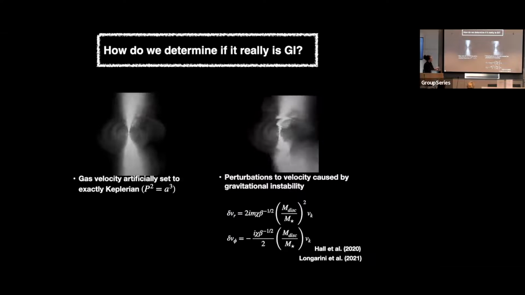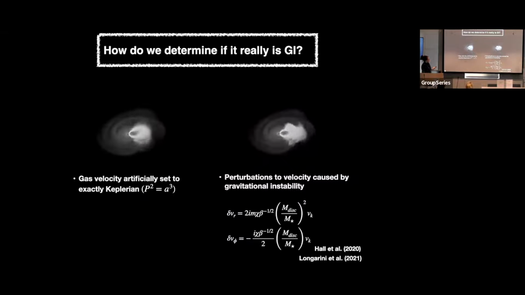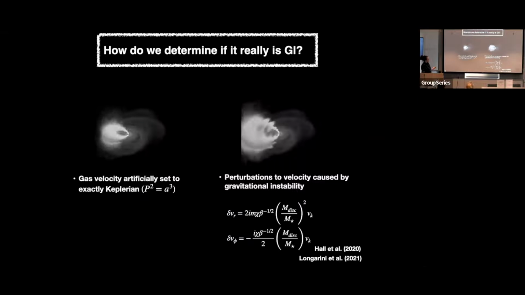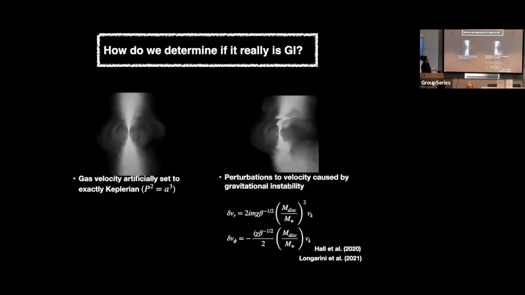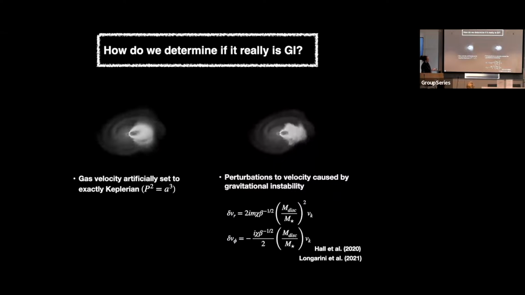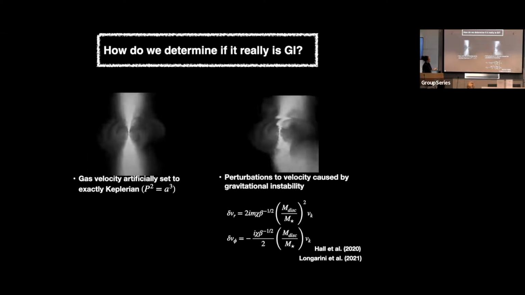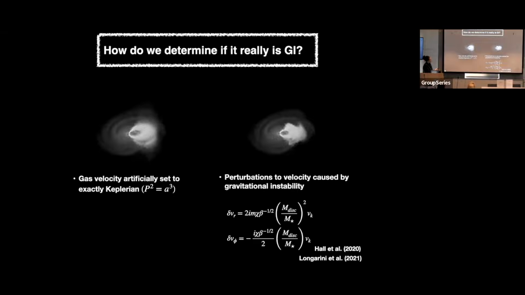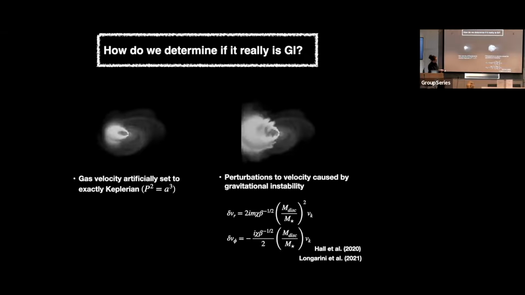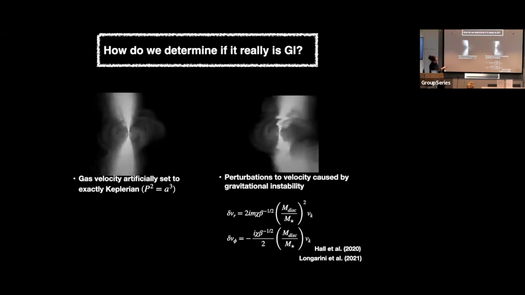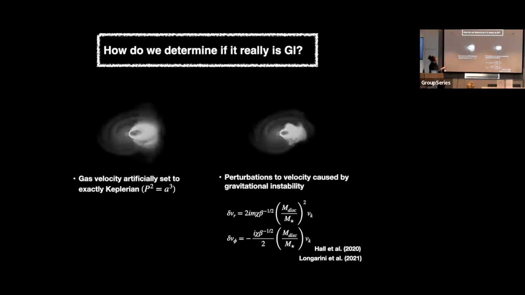So just to show you, in this scenario here, I've artificially set the gas velocity to be exactly Keplerian, so P squared equals a cubed, and you get something called the Keplerian butterfly. So this is what you see when you look at an accretion disk, the Keplerian butterfly. So you can see here this distinctive perturbation.